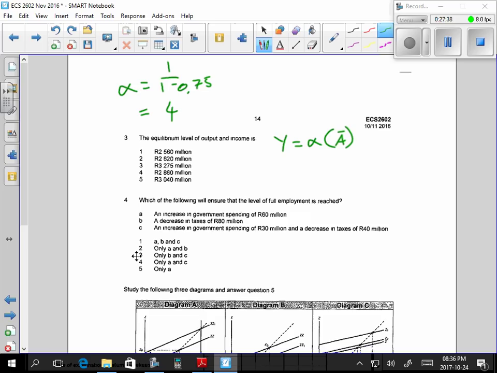Your output and income is your autonomous components, and you should get an answer of 2620.